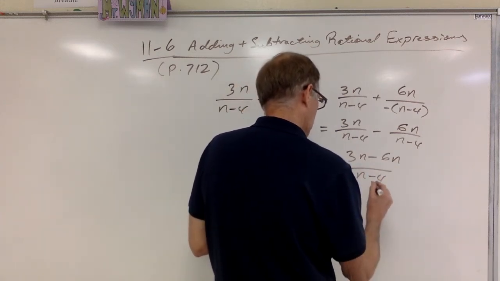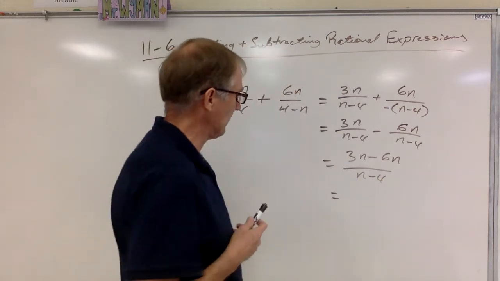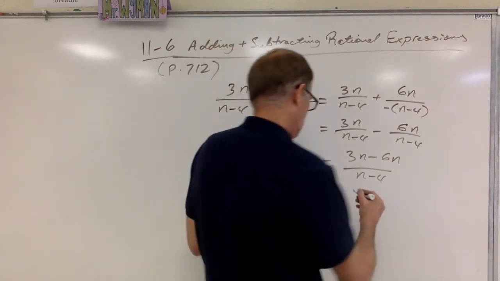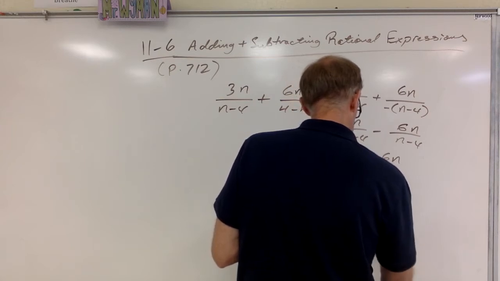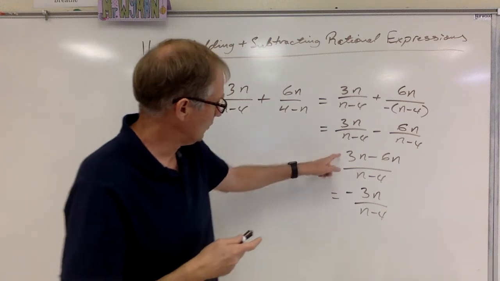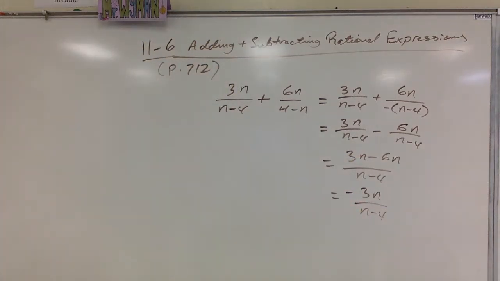What is 3n minus 6n? So 3n minus 6n is negative 3n all over n minus 4. 3 minus 6 is negative 3, right? 3 minus 6 is negative 3. And I think that's the final answer.